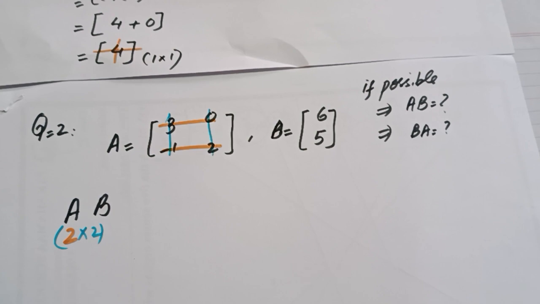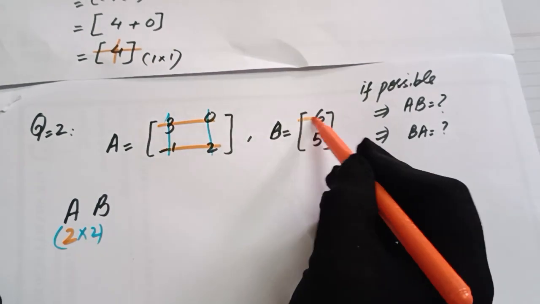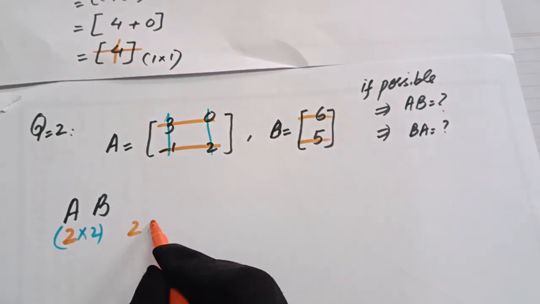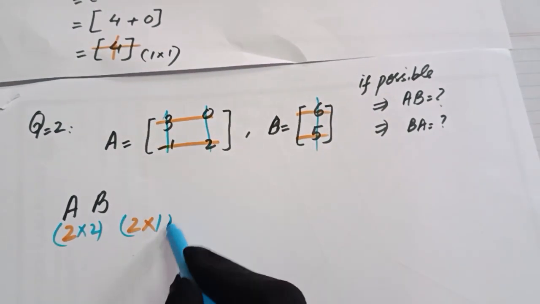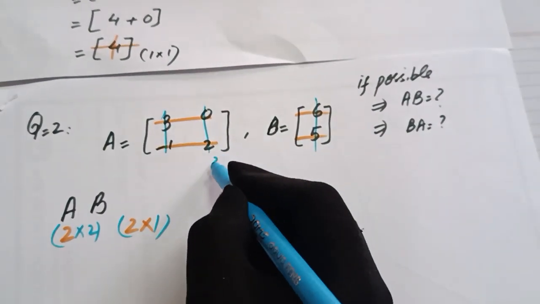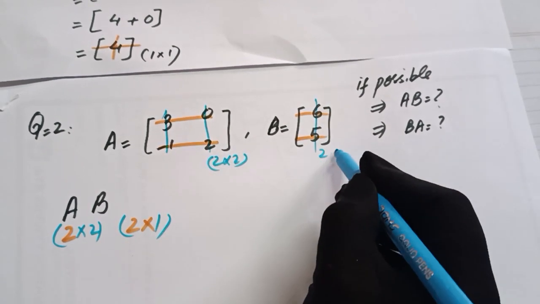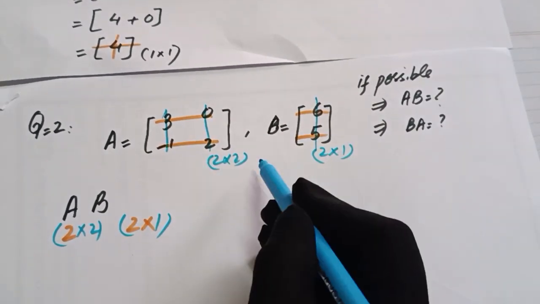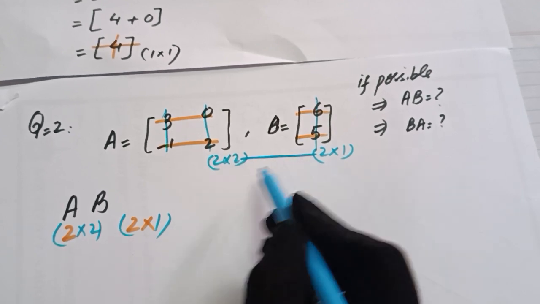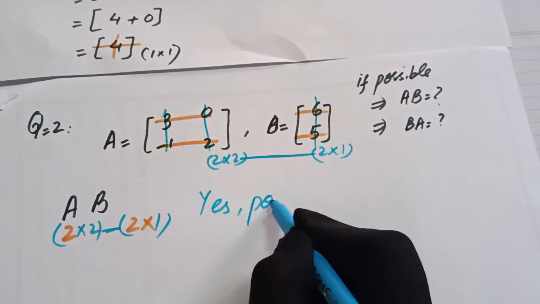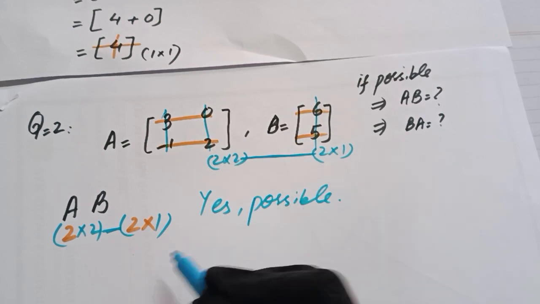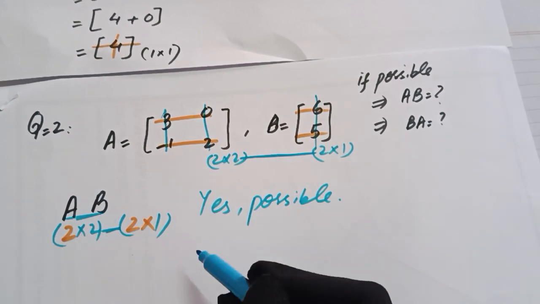And B has 2 rows and 1 column. We can write it over here also. This is 2 by 2 and this is 2 rows 1 column. Check from here. They are equal. So it means yes, AB is possible.